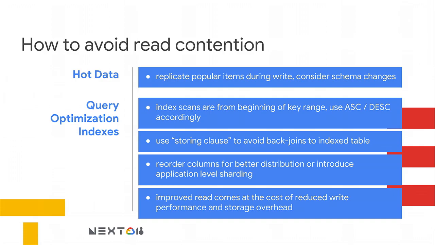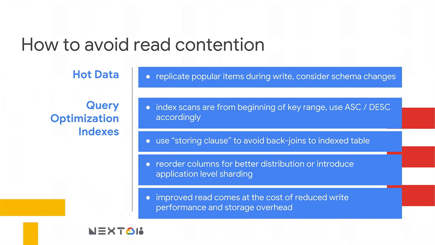Now, another thing that we see in terms of read contention, where you have a lot of hotspotting during reads, is if you have popular items. It could be, for instance, a counter. For a counter, we recommend to shard the counter if you need one. It could be a popular item.